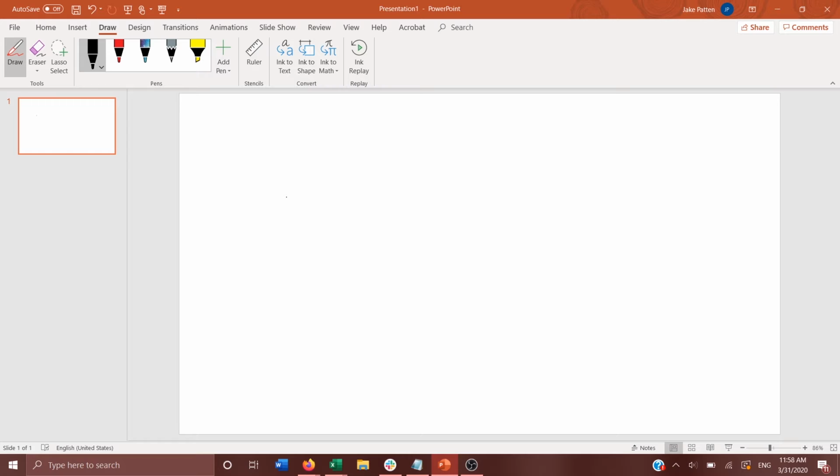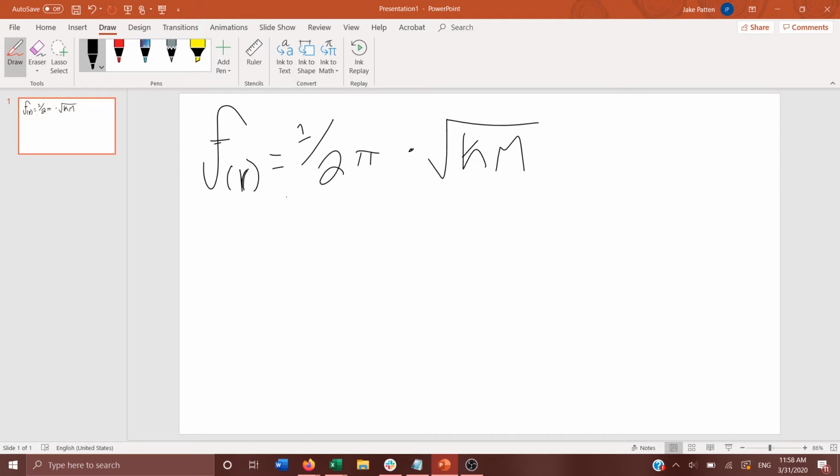So our function is F, this is my italicized F. So the resonant frequency, that should be an R, even though it doesn't look like it, equals 1 over 2 pi times the square root of K over M. Remember that K is stiffness, M is mass.